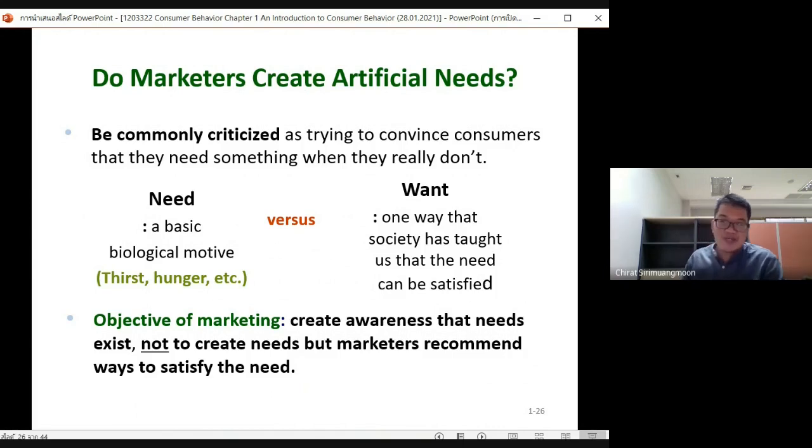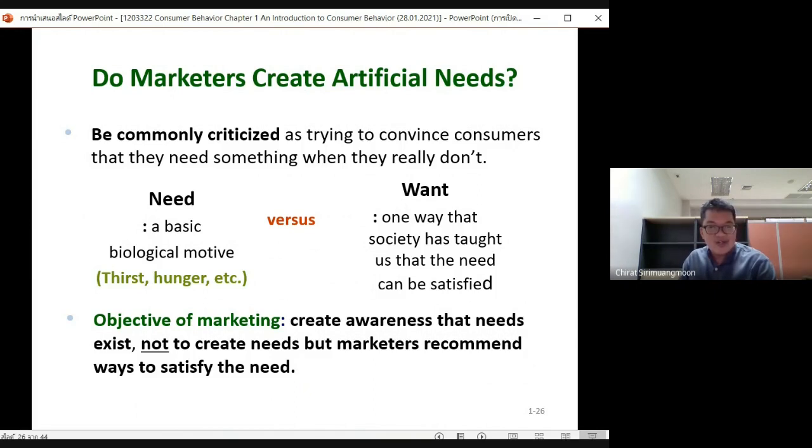So the marketer's job is just to let you know how you are going to fulfill your need. They might show a picture and say, oh, if you get thirsty, you drink Coca-Cola, and then you feel happy. It's like that. So again, the marketer does not actually create things that you don't need, but your decision comes from yourself. The marketer just provides a choice, provides information about the product, that we have this product and how you obtain it.